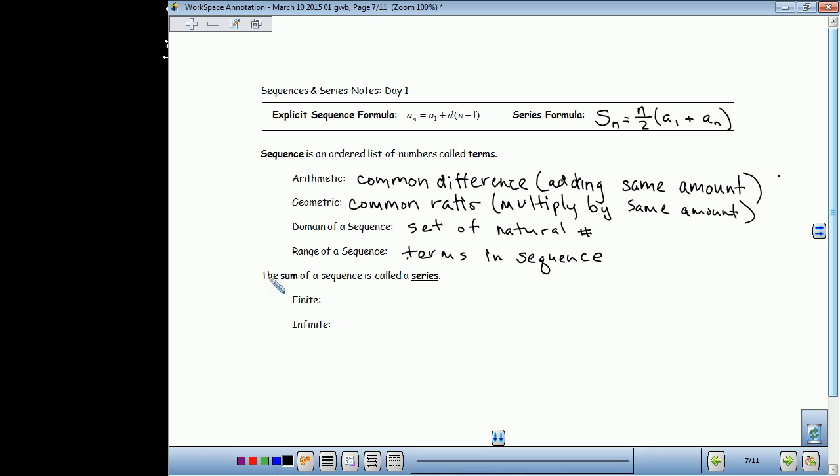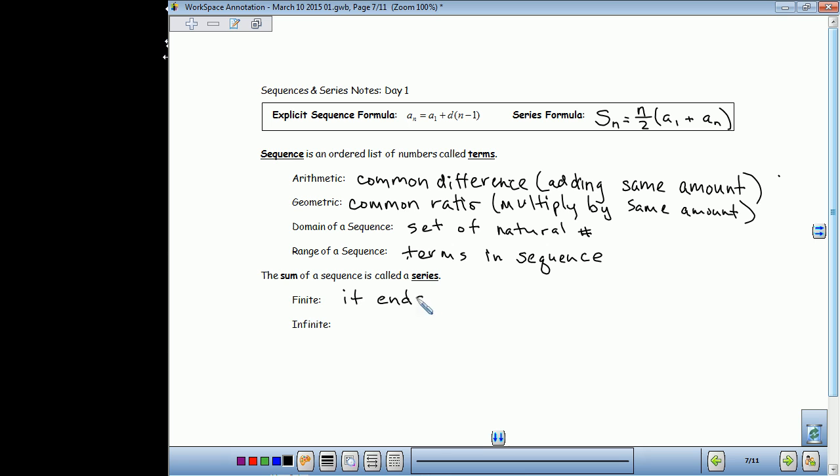Now, we just talked about how we find the sum of a sequence, and that is called a series. And we have two types: we can sum finite, and we'll talk about tomorrow, can we sum infinite? So let's talk about the difference. What does finite mean? It ends.